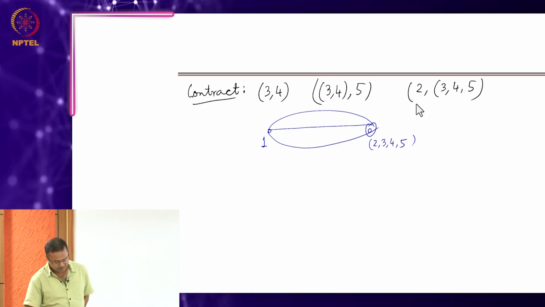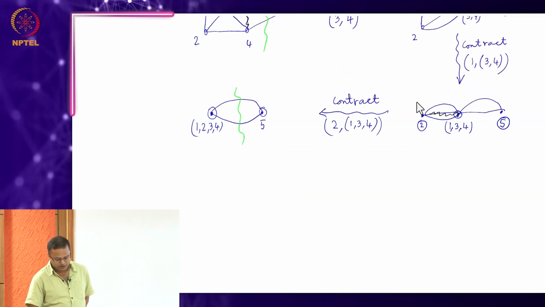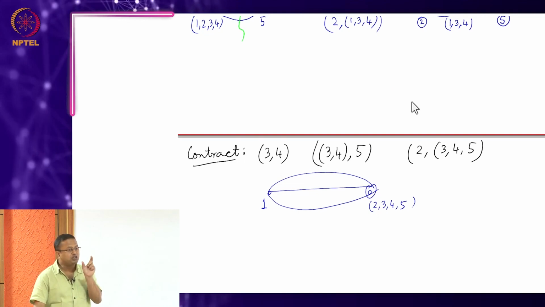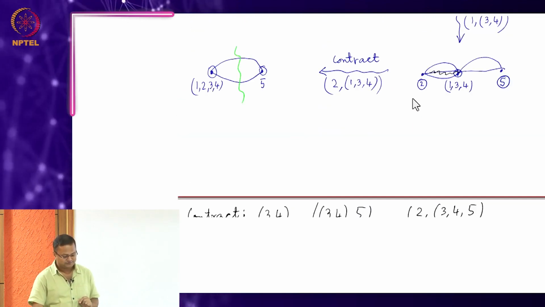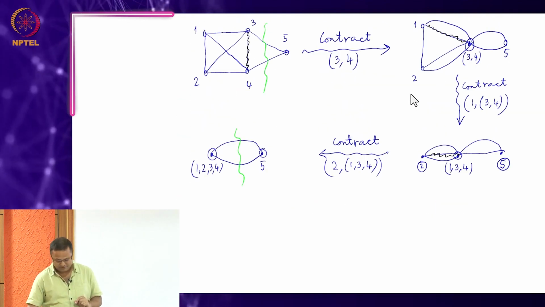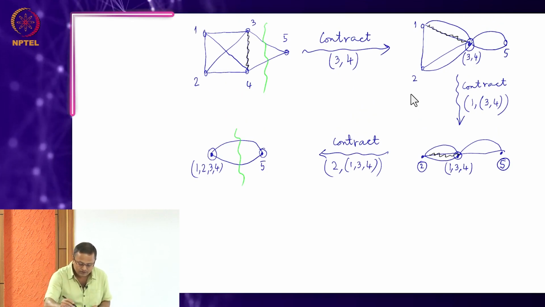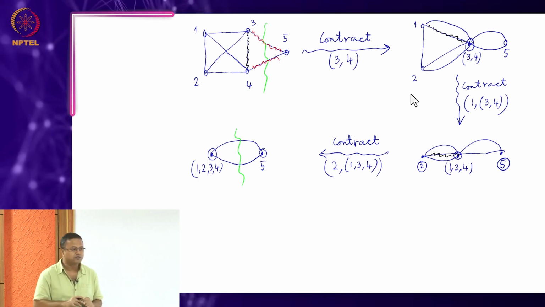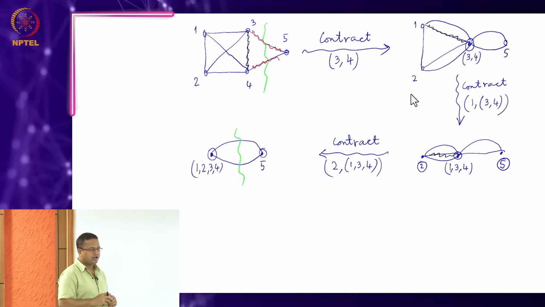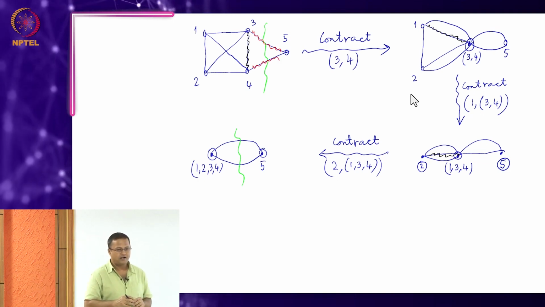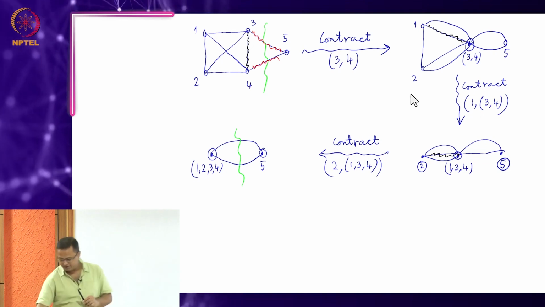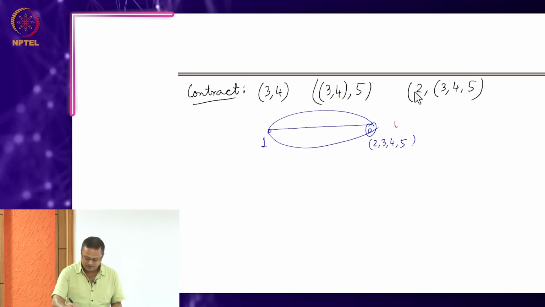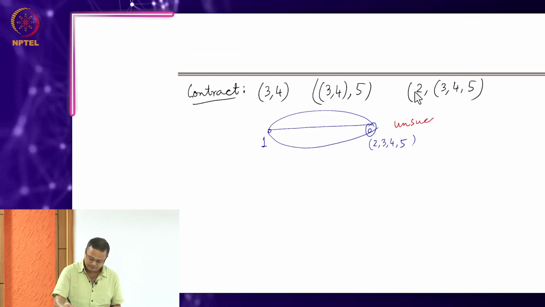Now see, what you did was, the moment you contracted this 3 4 5, you had touched one of those edges, and that is why this is an unsuccessful case.